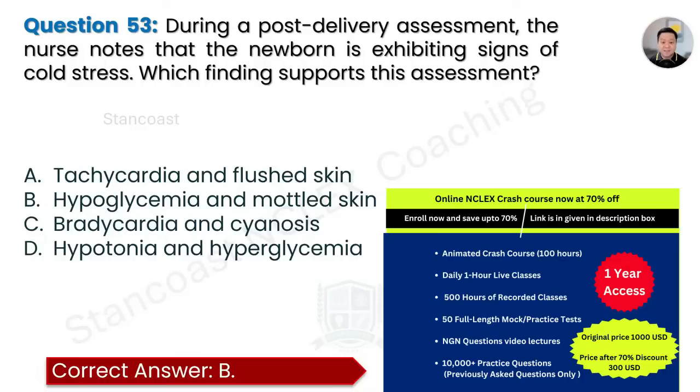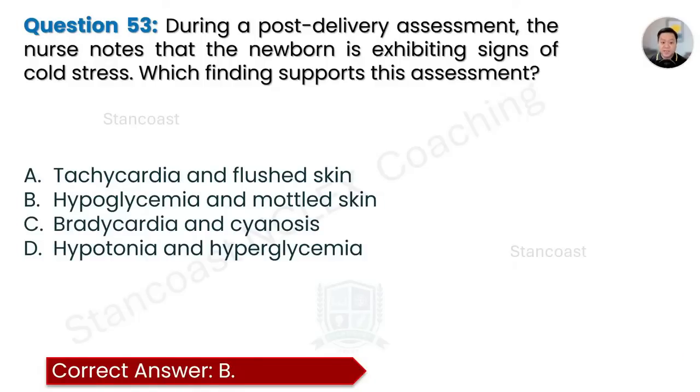This doesn't reflect cold stress. Letter C is also incorrect because bradycardia and cyanosis may occur in severe hypothermia but are not initial findings of cold stress. Letter D is another incorrect option. Hypotonia and hyperglycemia are unrelated to cold stress, and cold stress typically causes hypoglycemia due to the body's effort to generate heat. The answer again for this item is letter B.